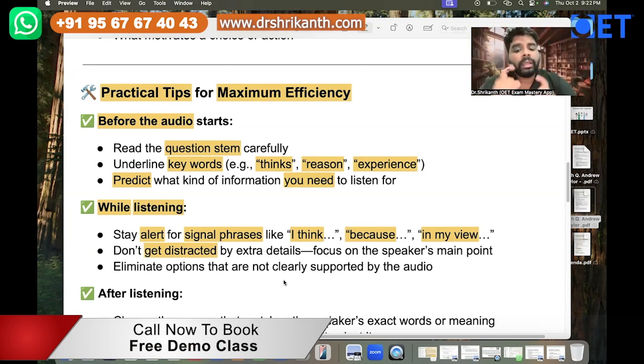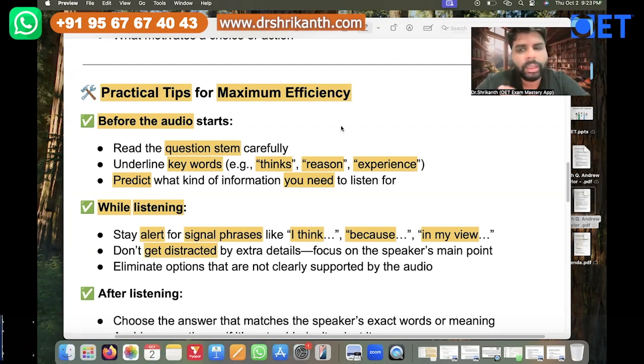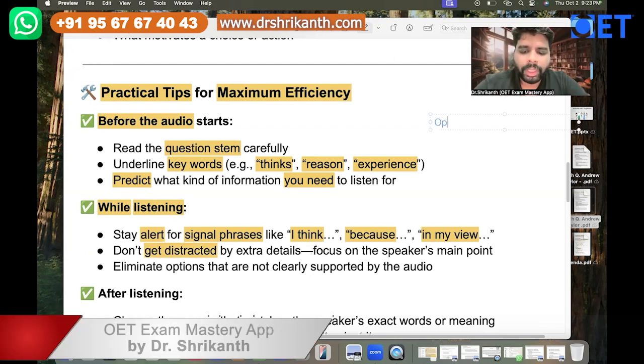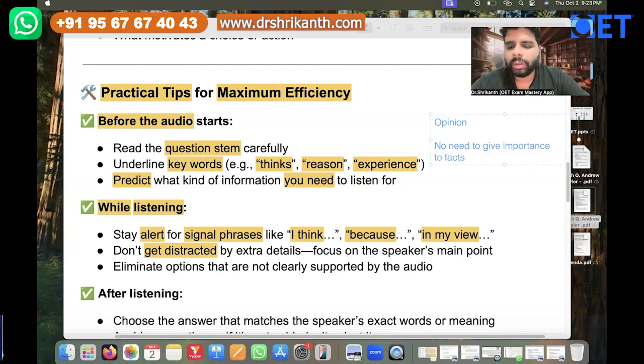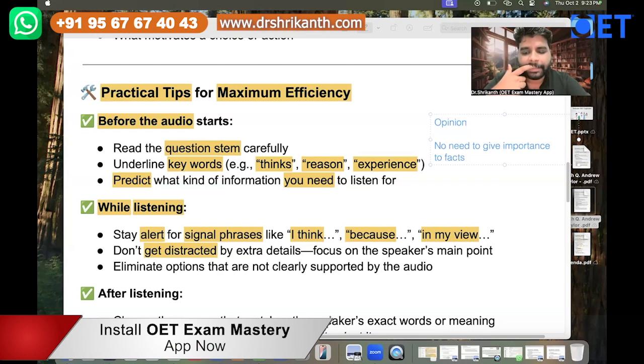So for example, if they're going to ask you about an opinion, if your duty over here is to find the opinion of the speaker, then there is no need to give importance to facts. What is a fact? A fact basically means actual facts and events, a truth, something that happened.